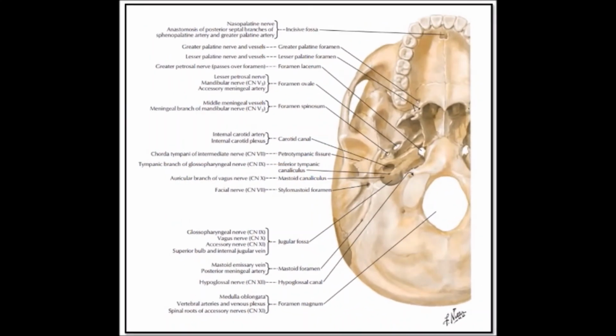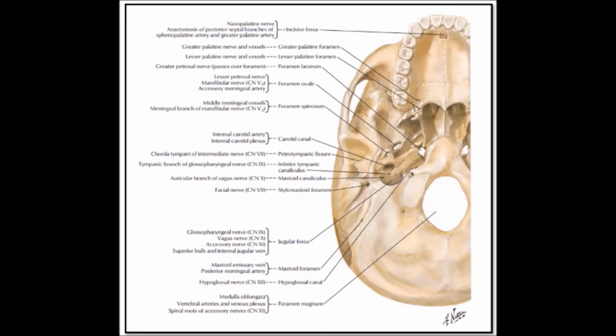Finally, we will be looking at the foramina of the cranial base. Firstly, from an inferior aspect, and in a few moments, from a superior aspect. What you want to take out of this are the different foramina, as well as through which foramina the cranial nerves pass.